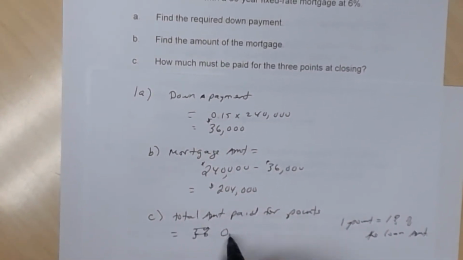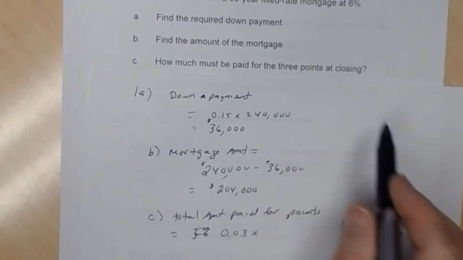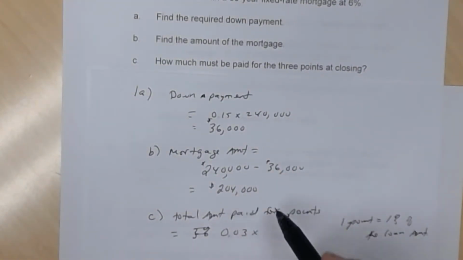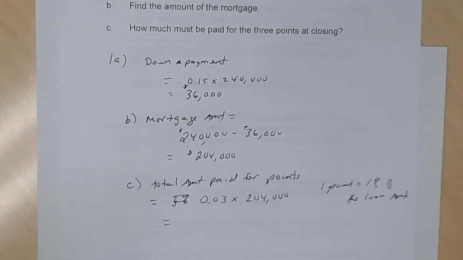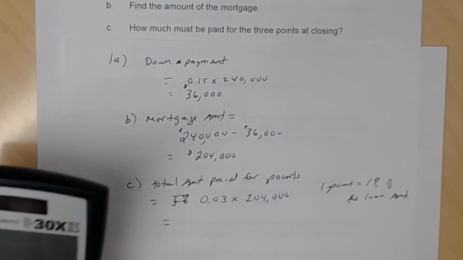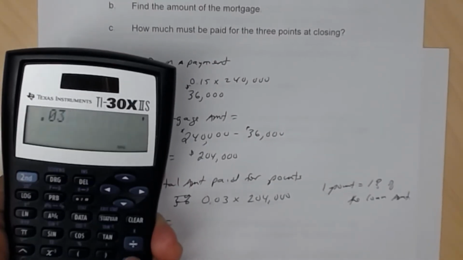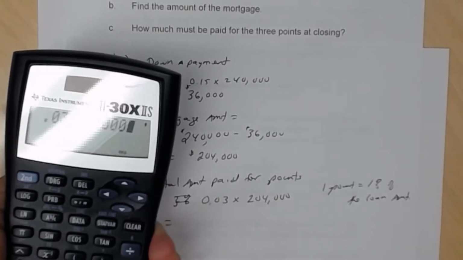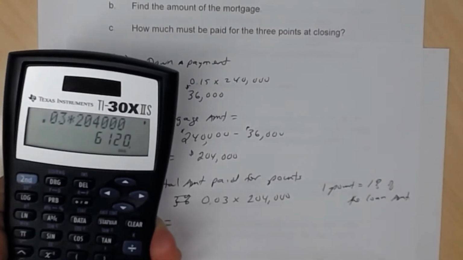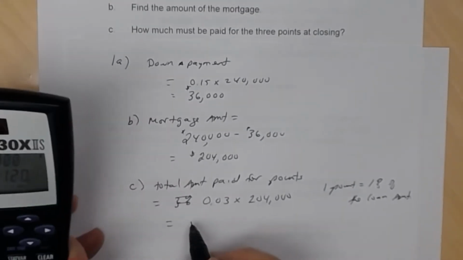So let me go ahead and write it as 0.03 of the loan amount, which is $204,000. And so when I do that, I get 0.03, use your calculator, times $204,000, and that's $6,120.